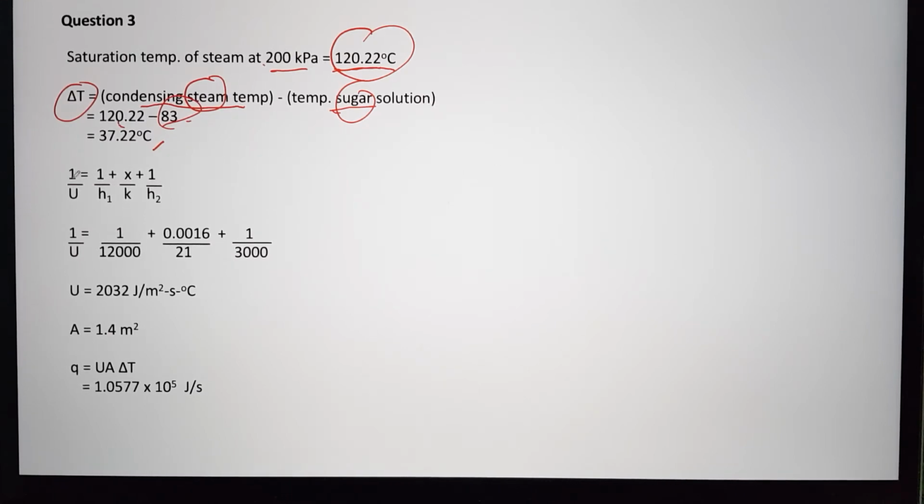The equation that you need to use is 1 over U equals 1 over HS1 plus X over K, depending on how many materials you have, and then followed by 1 over HS2. This one is for one material, and this one is for the other material. Whichever you want to number as 1 or 2 is totally up to you.